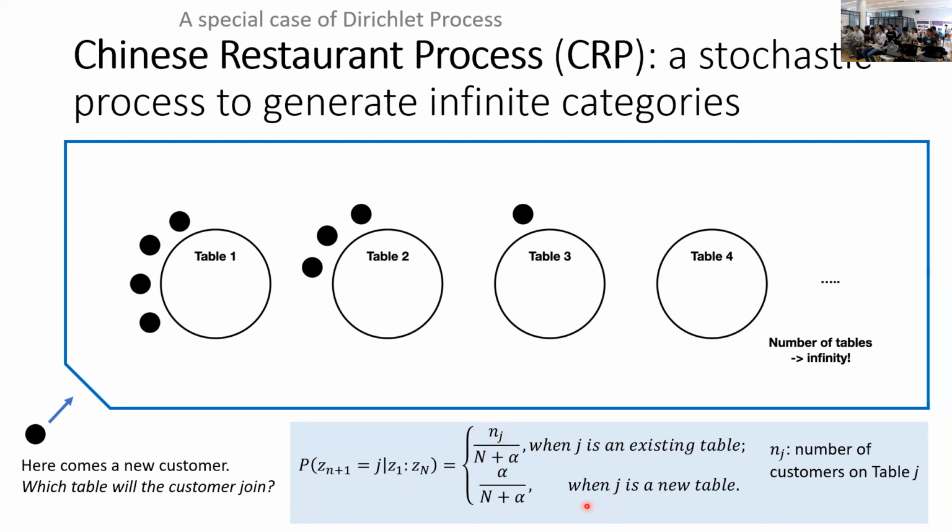And if j is a new table, then it's proportional to a constant alpha. It's called the concentration parameter.